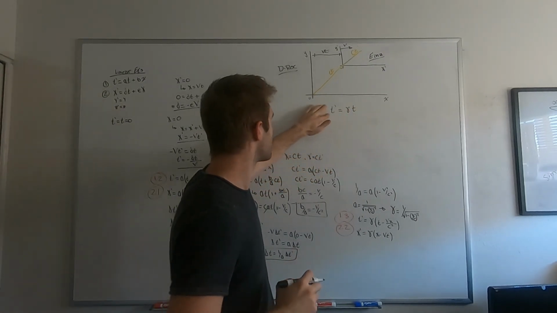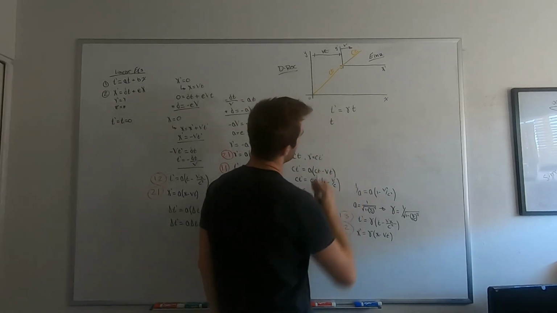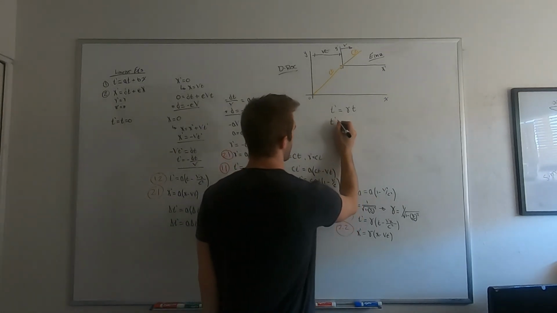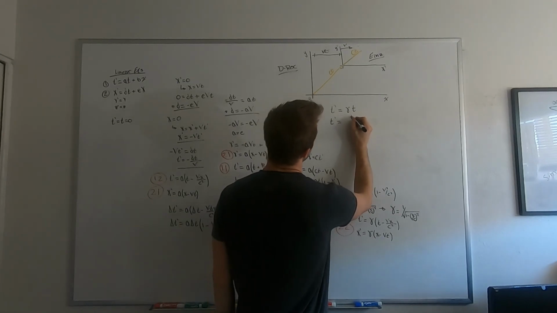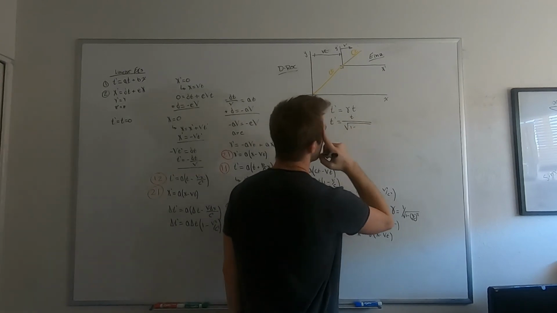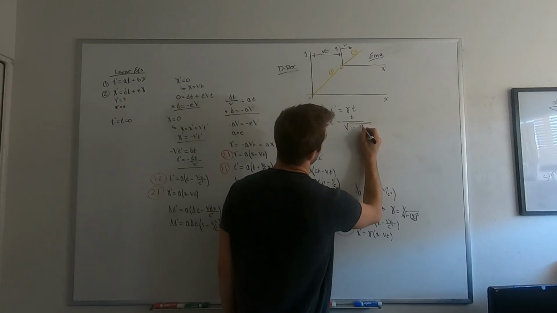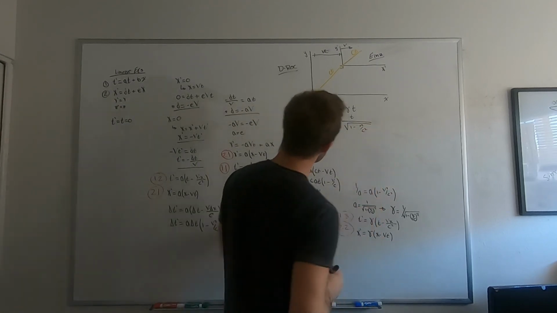Now this represents our moving frame, and if we were to look at it a little more qualitatively, we would have t prime equals t over the square root of 1 minus v squared over c squared.